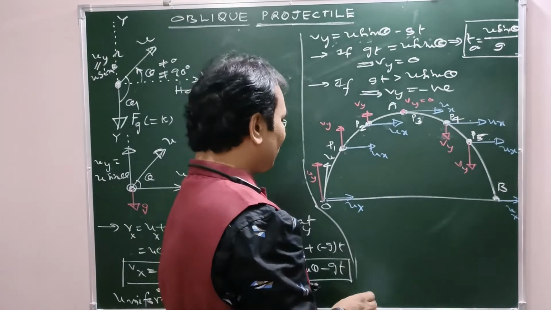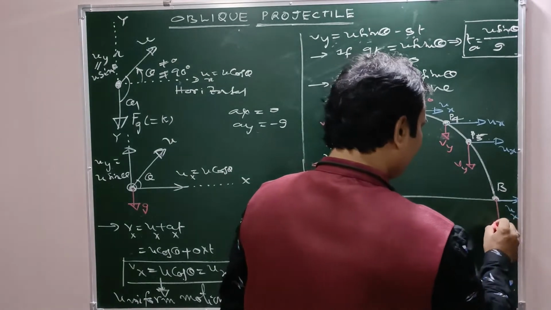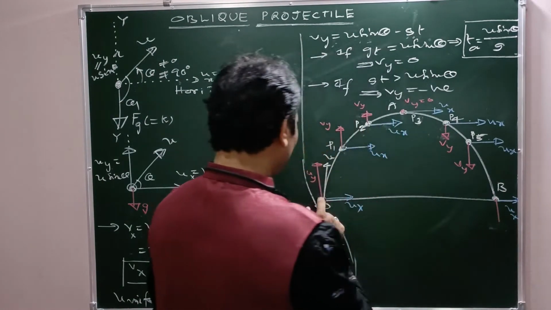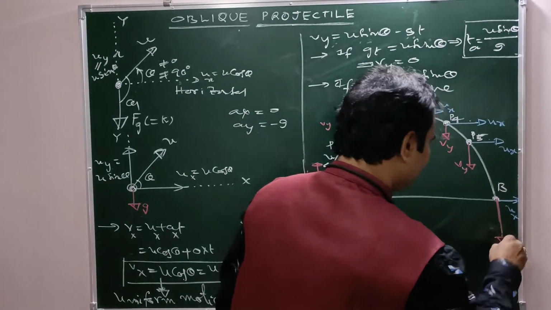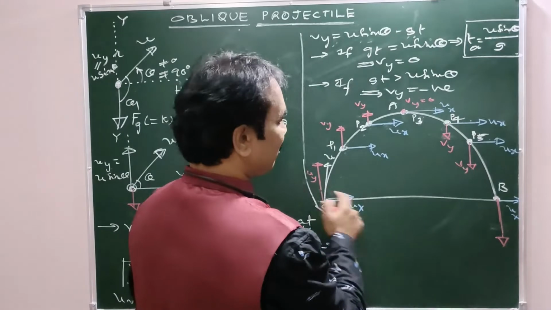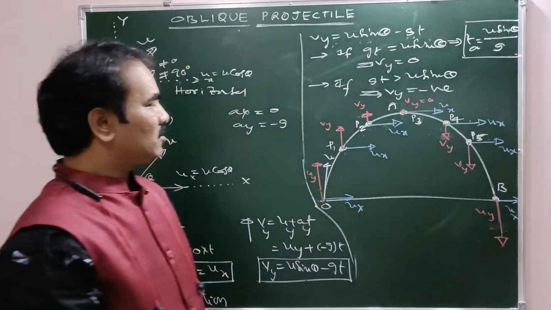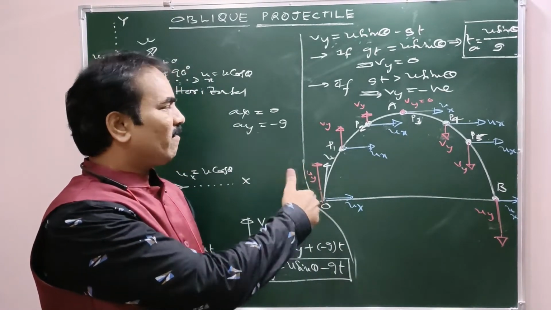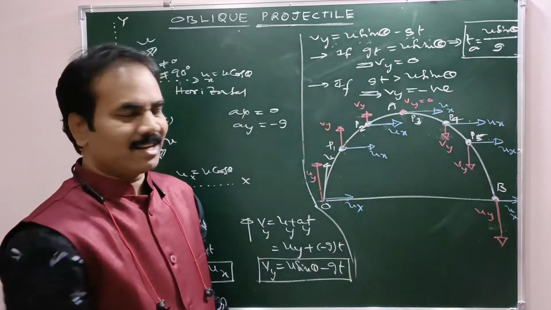The vertical component Vy, otherwise uy, is the same length as that at O. See, these two are of the same length. Okay. So that's how one can represent components of velocity at every point on the trajectory.